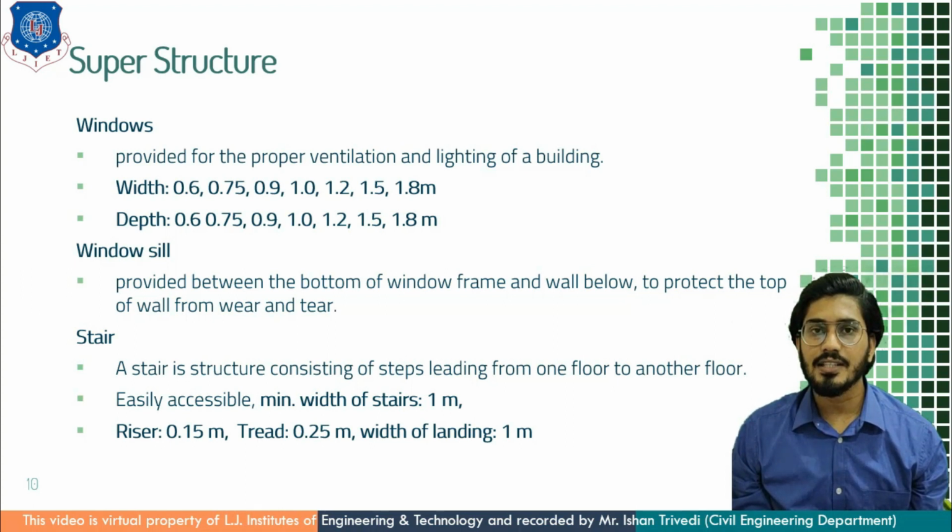So while approaching a staircase from both ends, a 1 meter width is kept open, and that is called the landing area. Even while turning the direction of the staircase, open space is provided, that is also called a landing area, and that width is 1 meter.